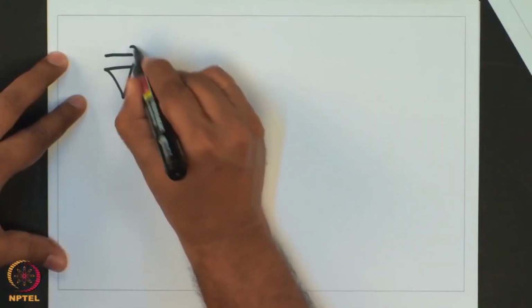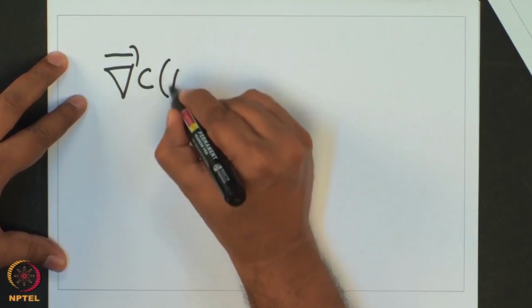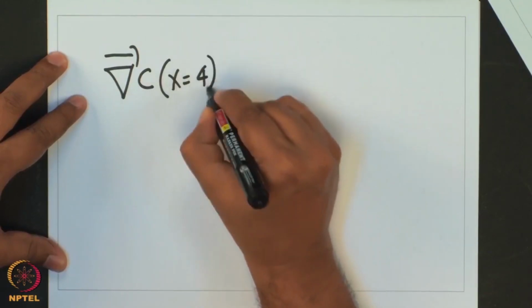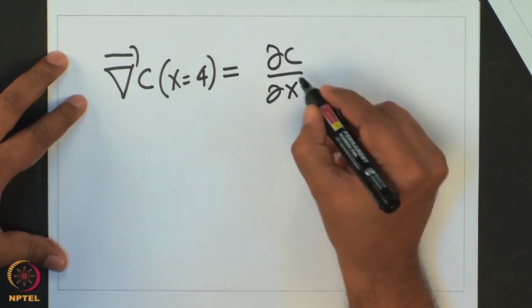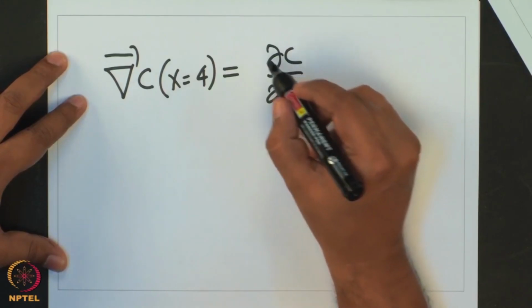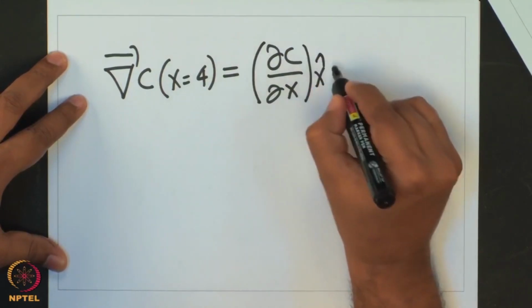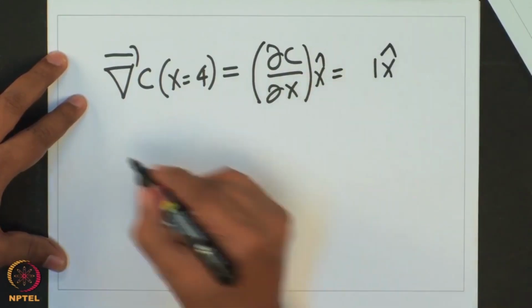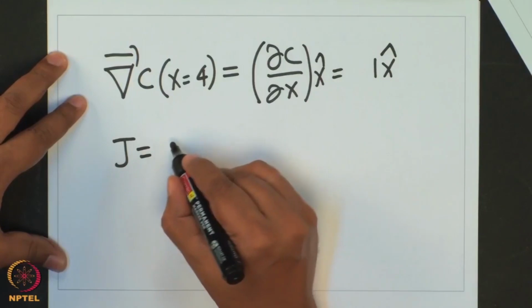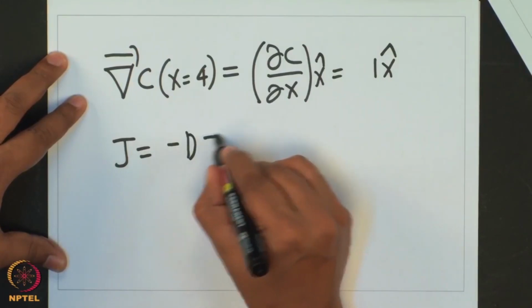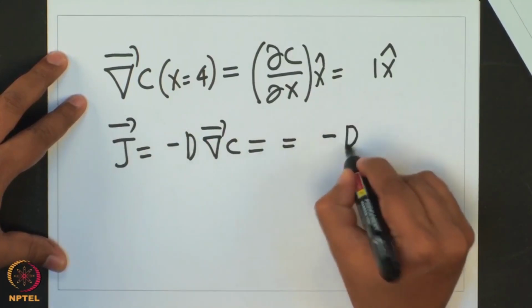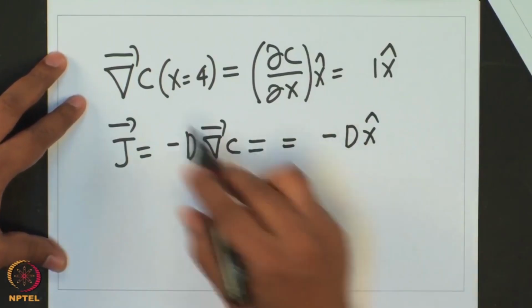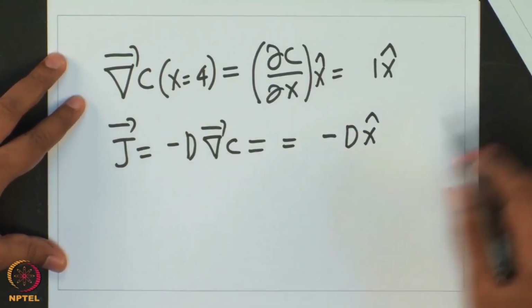Let us calculate the gradient del C evaluated at x equal to 4, which will give us del C by del x, del C by del x x cap, which was 1 x cap, and the flow is minus D del C, which would mean minus D x cap. So this would mean that at x equal to 4, the flow has to be along the minus x direction.